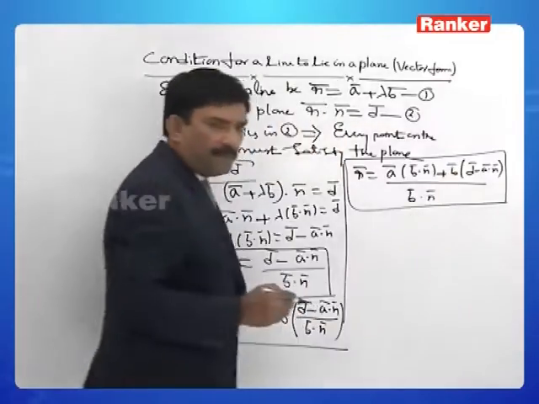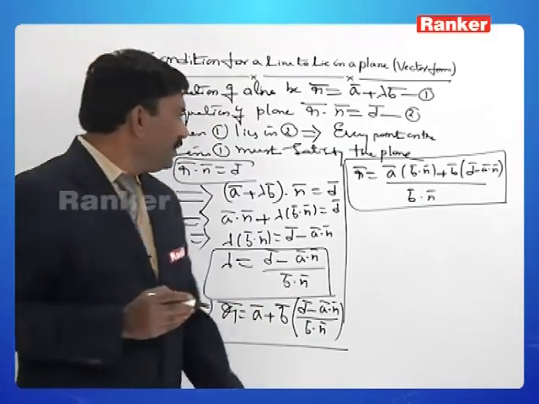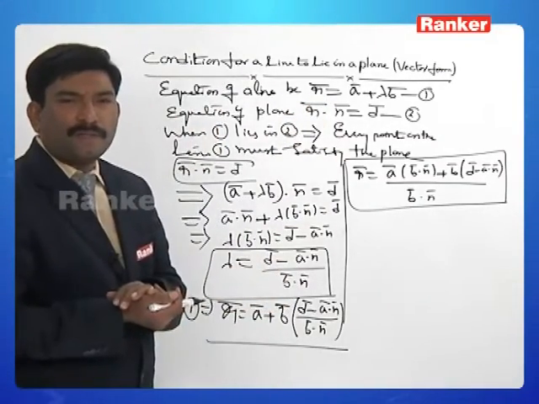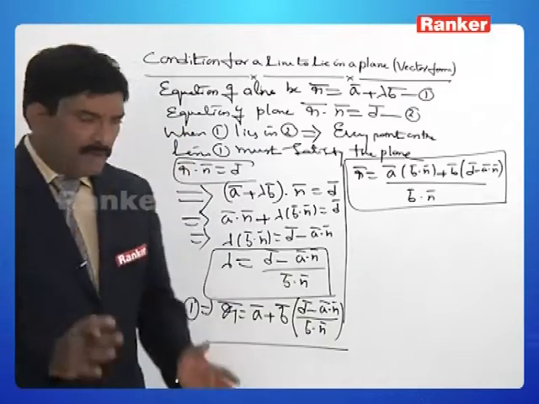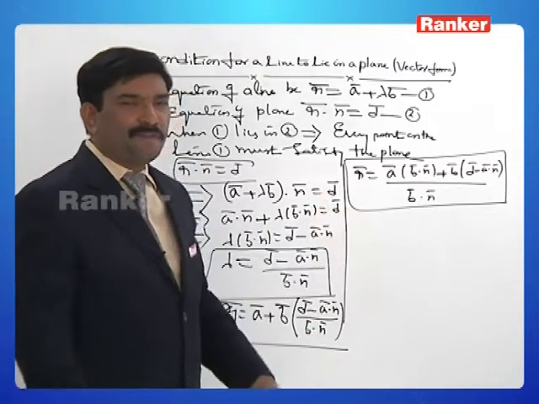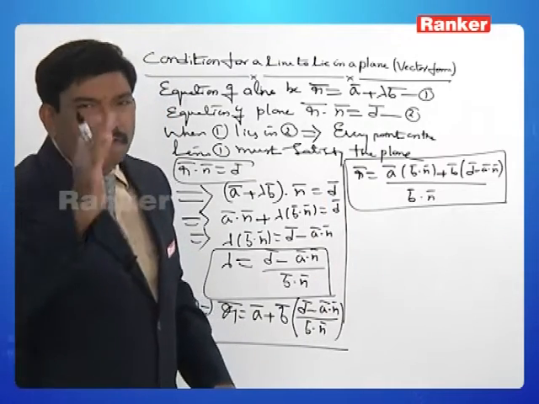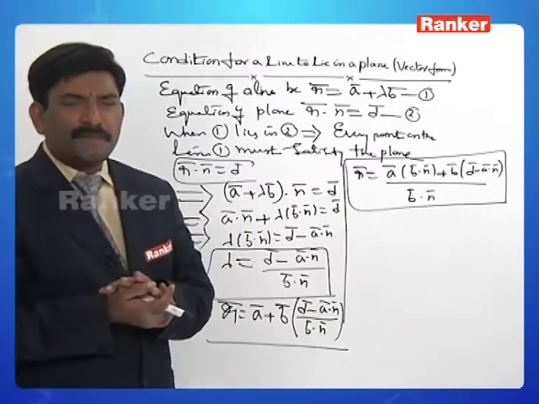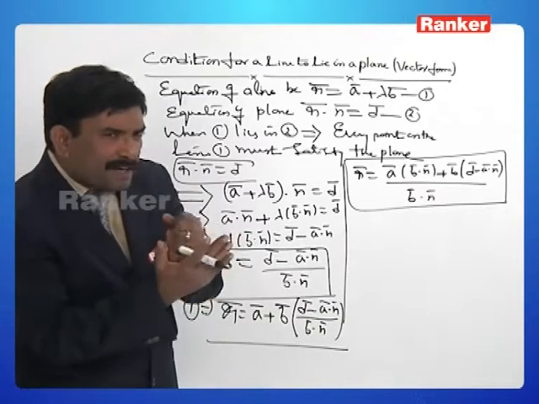This is the equation of the line. Students, this is the position vector of the point of intersection of a line and a plane.